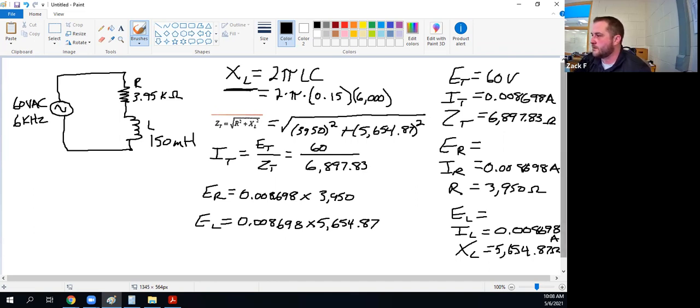Anybody do that already? What is the voltage across the resistor?